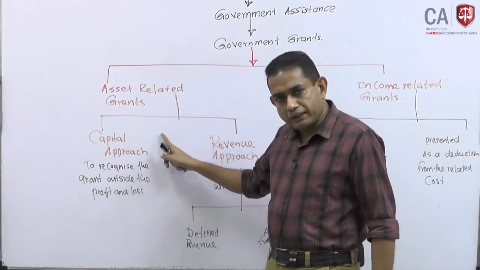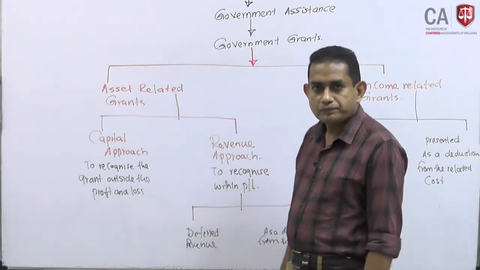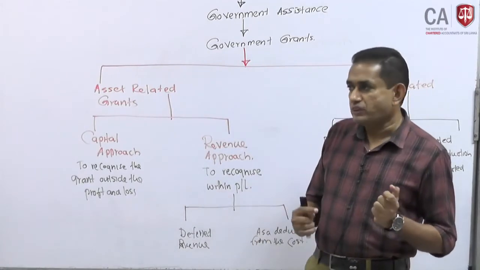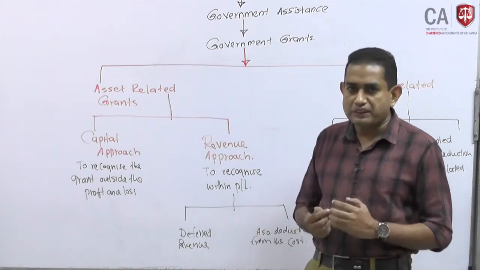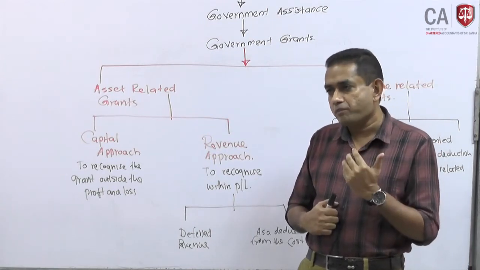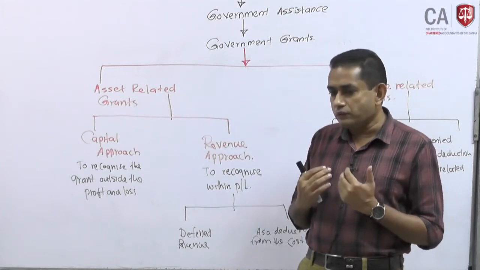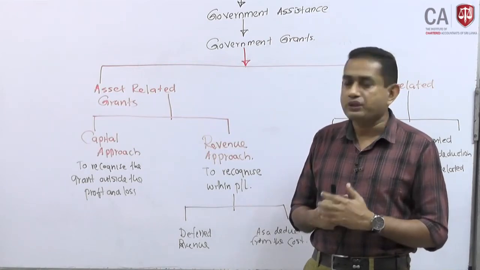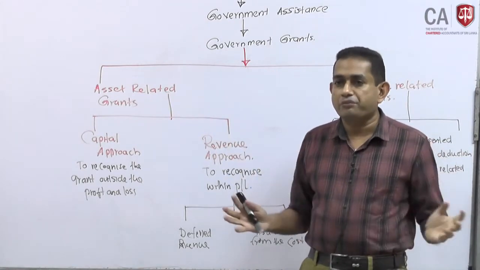We can do the accounting either under the capital approach or under the revenue approach, and there are purposes for adopting the capital approach or revenue approach. What is the purpose as per the standard? If one decides to adopt the capital approach to recognize government grants, the intention would be to recognize the government grants outside the profit and loss.